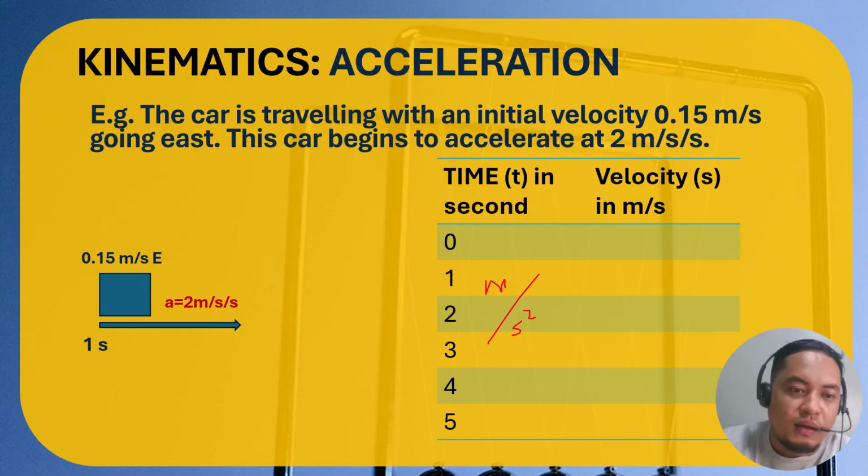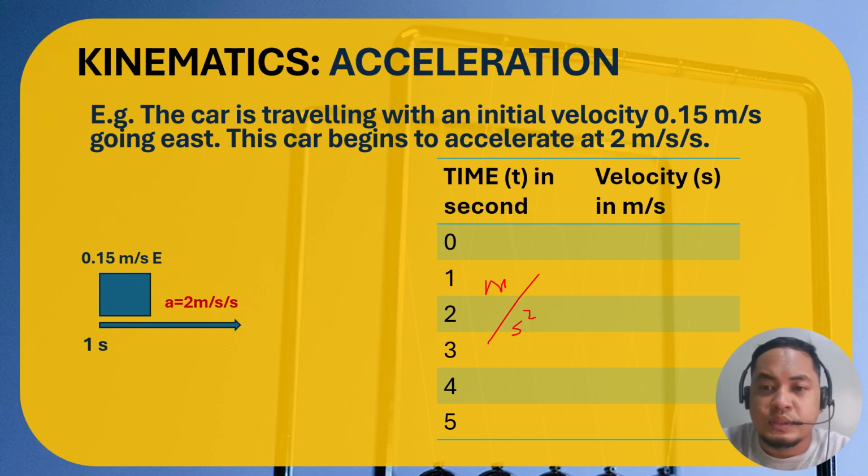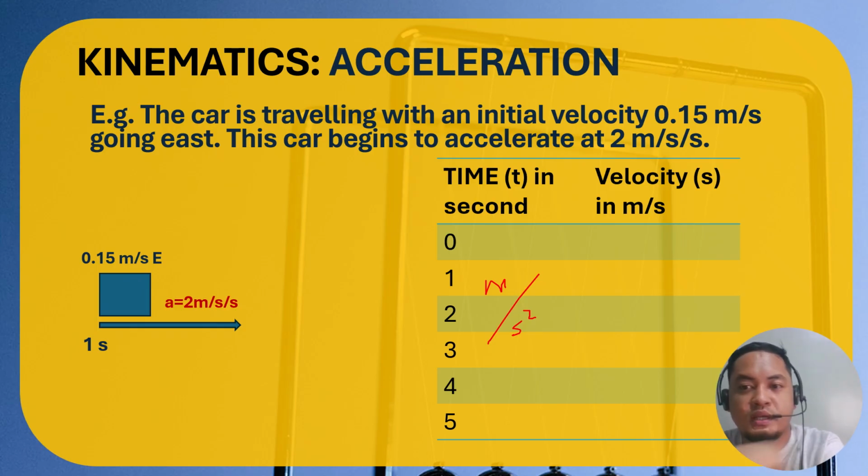All right. In this simple problem, the car is traveling with an initial velocity of 0.15 meter per second going east. The car begins to accelerate at 2 meter per second squared, and there are questions that will let you find the velocity at 5 seconds, and that's our given problem here.